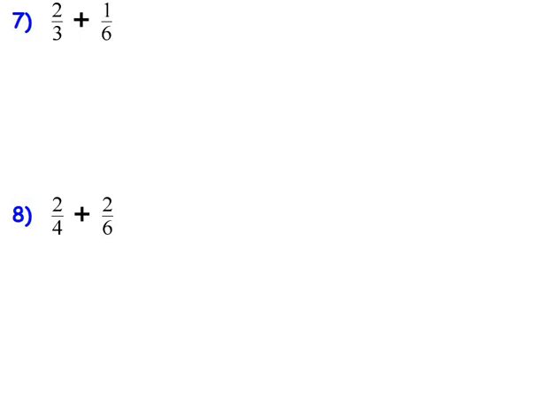The next example is 2 over 3, or 2/3, plus 1 over 6. So let's start by finding the lowest common multiple. So the lowest common multiple, we start with 3, then 6, 9, 12, etc. And for 6, it's 6, 12, 18, etc. And the first number that's in the top list and the bottom list is 6.